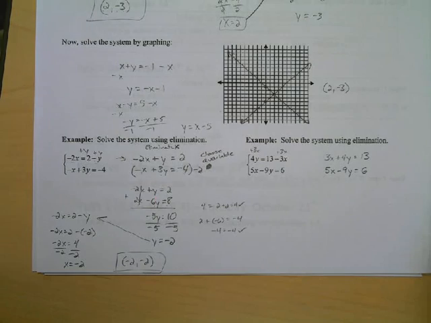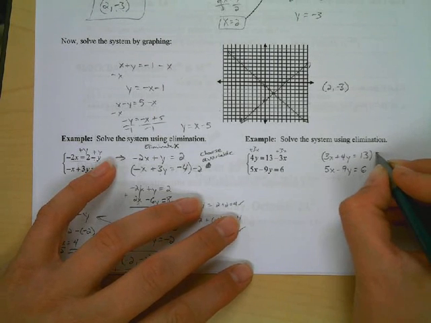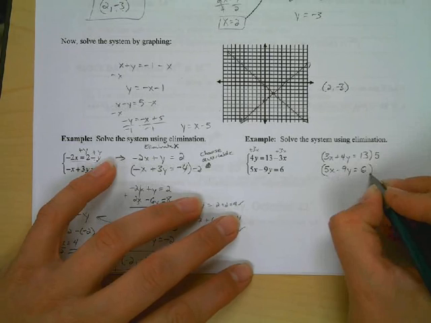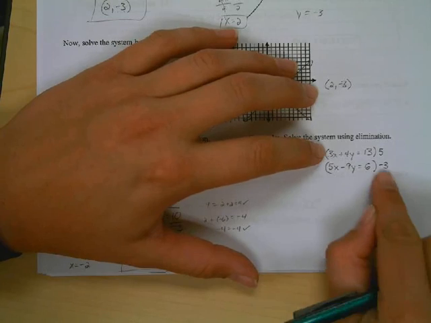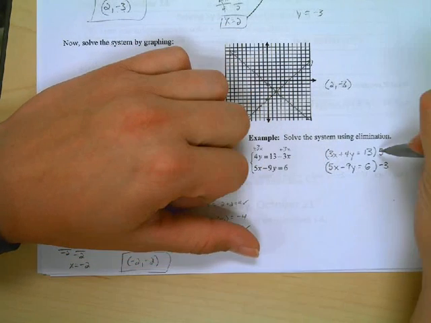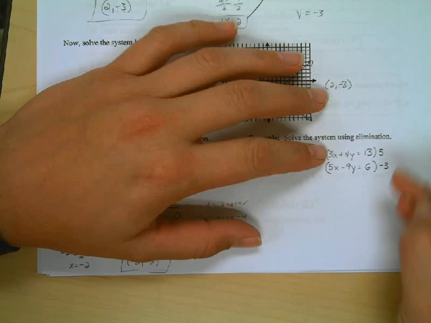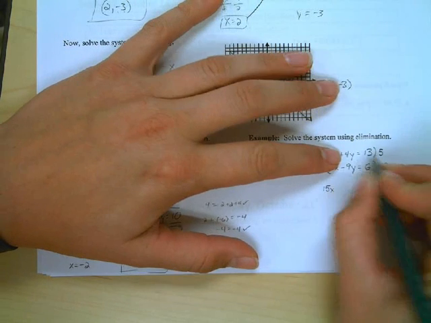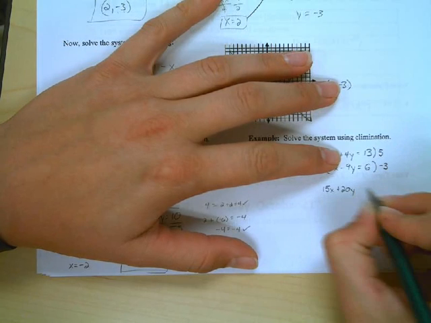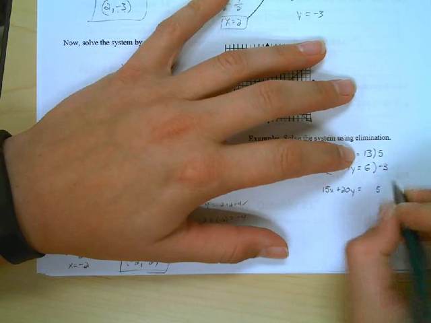These aren't really denominators, but a common factor is 15. So I'm going to multiply the top by positive 5 and the bottom by negative 3, because then I would get a positive 15 and a negative 15. I could have put the negative on the 5 and the positive on the 3. That doesn't matter. All that matters is that when I multiply out my equation, I get 15x plus 20y is equal to 5 times 13, which is 65.